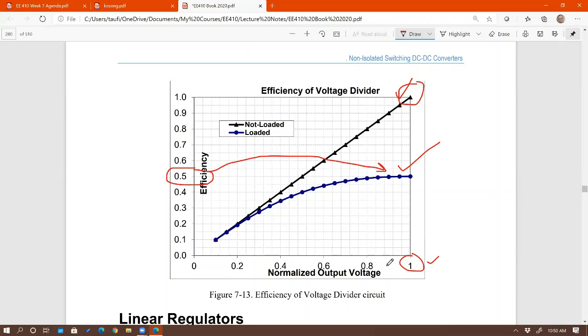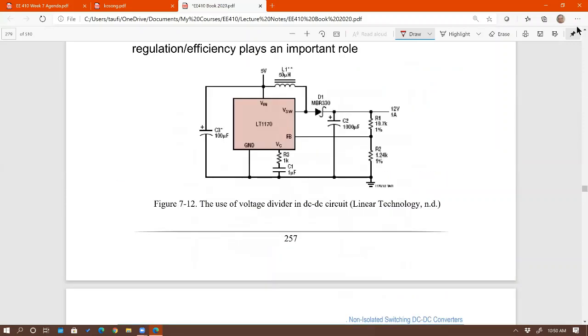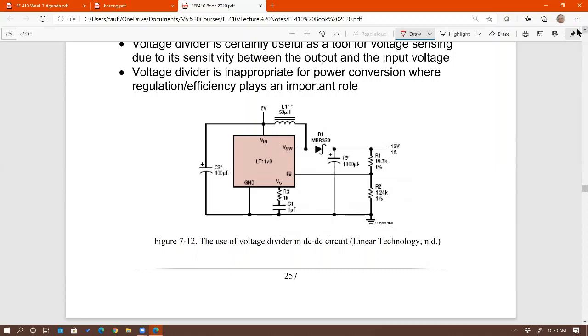But again, as I said earlier, in practice, typically the ratio is not gonna be close. It's gonna be around 0.4, 0.5, and so on and so forth, right? Okay, so that's why a voltage divider is not good for DC to DC converter, but it is very good for sensing voltage.